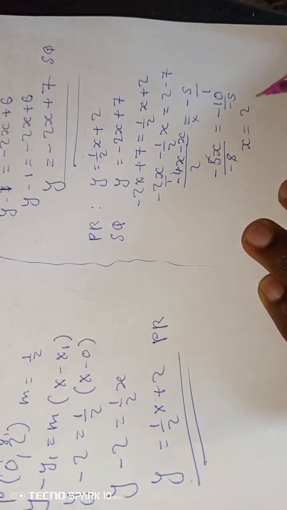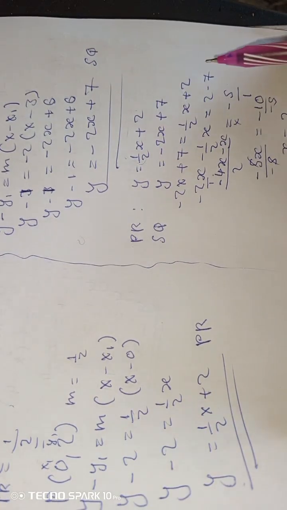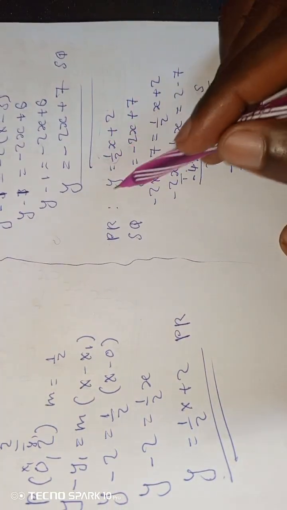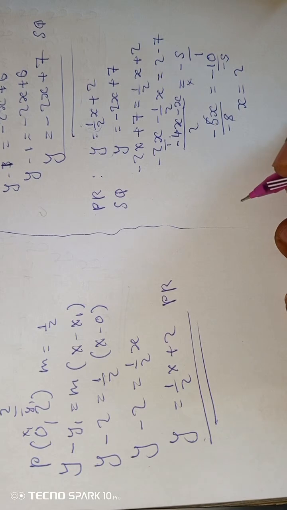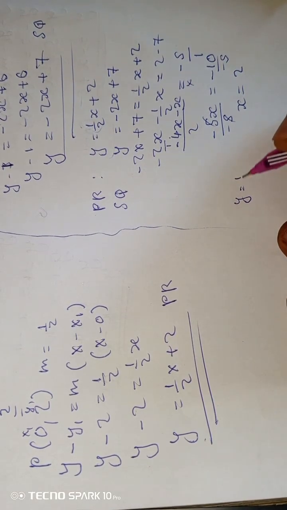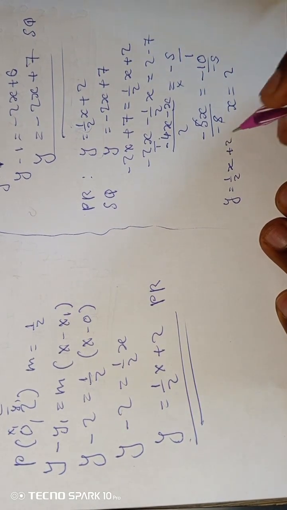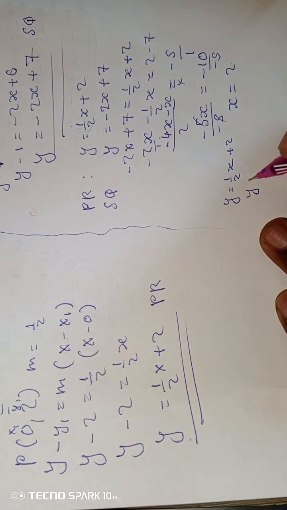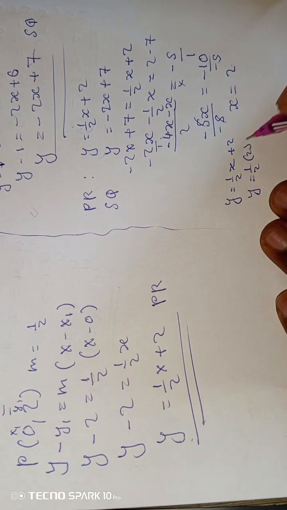So from here, we'll just pick this equation so that we find the value for y. I'll get this one for PR. So my y equals 1 over 2x plus 2. Where there's x here, I'm going to put this x. So I have y equals 1 over 2, here I'll put 2, plus 2. Then this 2 and this 2 cancel.